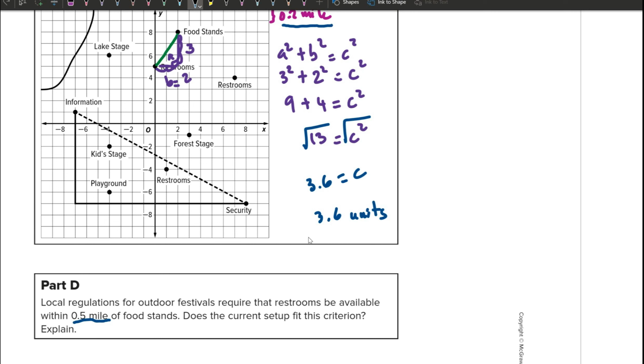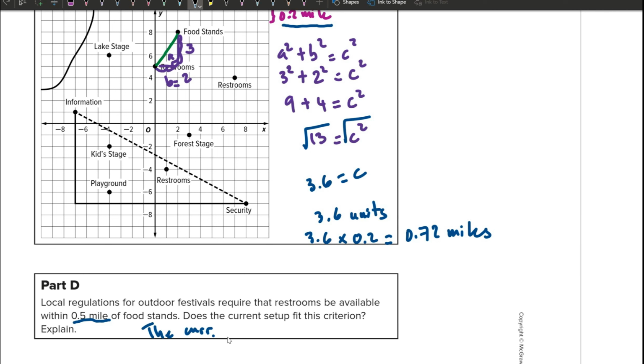So to find how many miles, you're going to take 3.6 times 0.2. That will give us 0.72 miles away. The regulation said that the restroom has to be within 0.5 miles, so half a mile. This restroom is 0.72 miles, so the current setup doesn't fit the criterion.